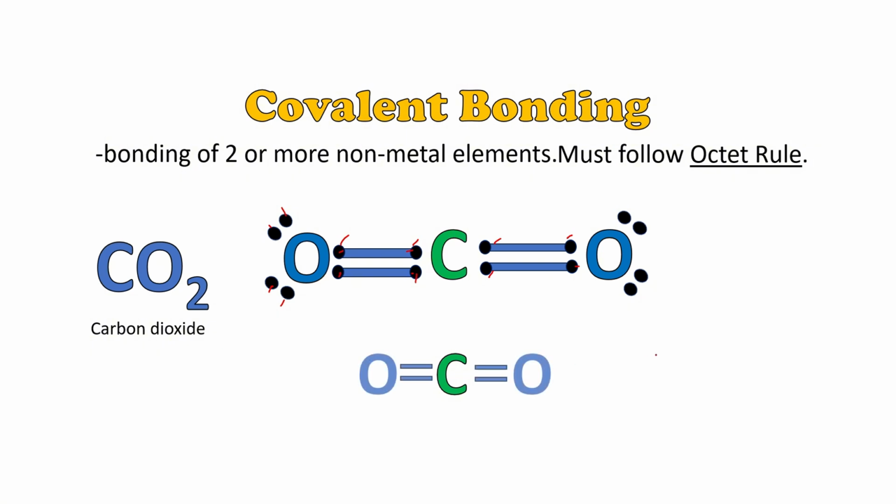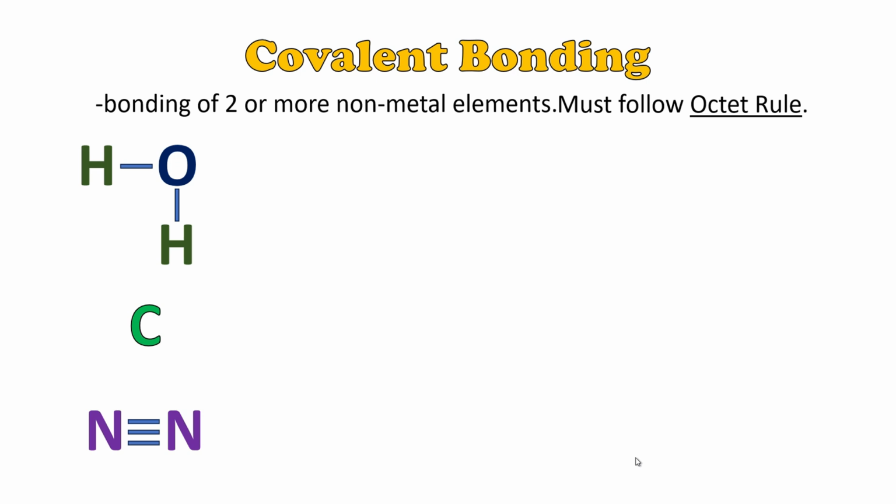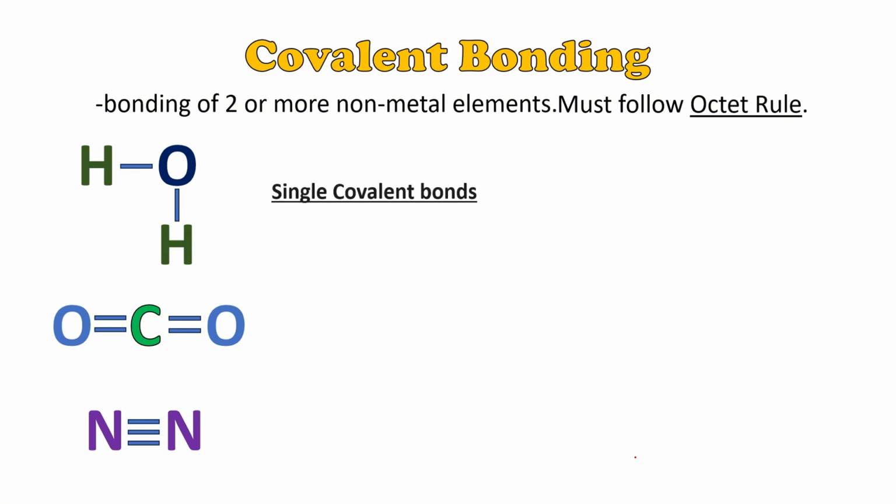Okay, now the simpler structural formula is like this. If we get rid of the lone pairs, it will be like this. So aside from looking at the bondings, the lines, if it is just one line, we call that a single covalent bond.